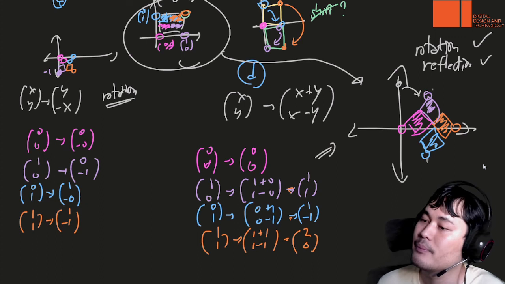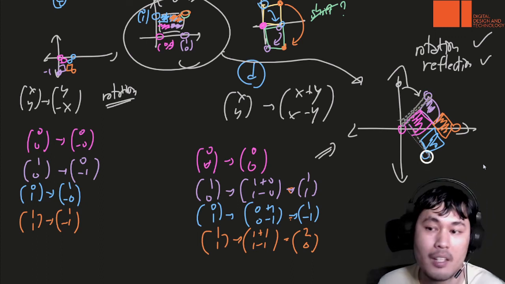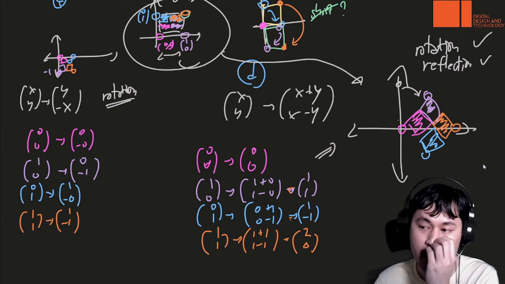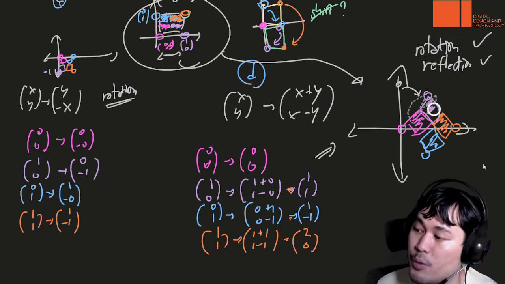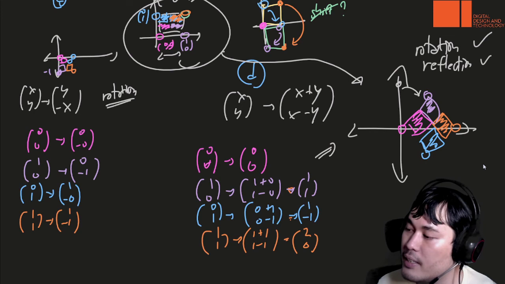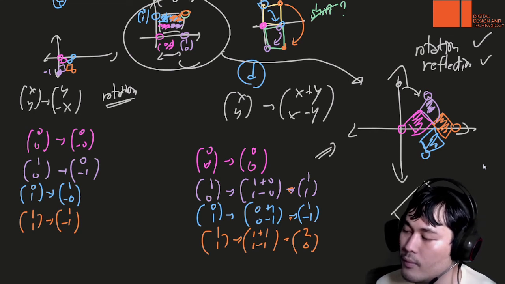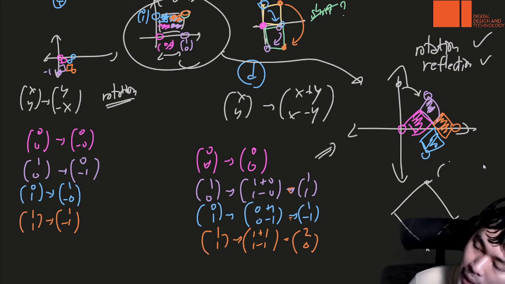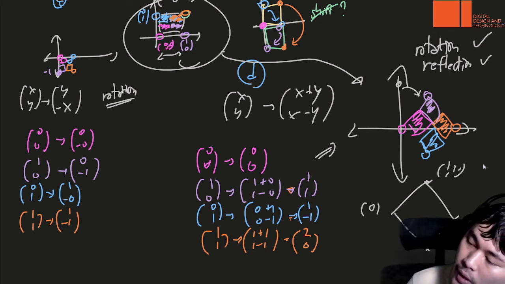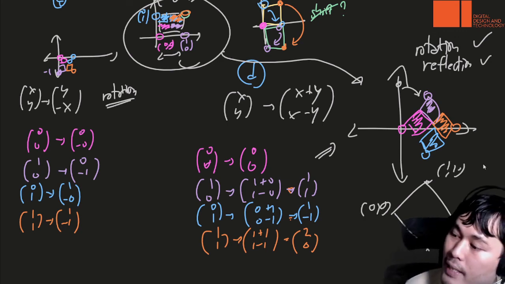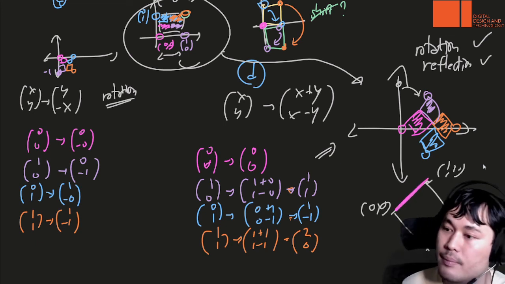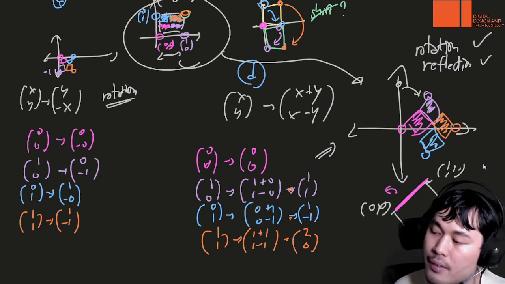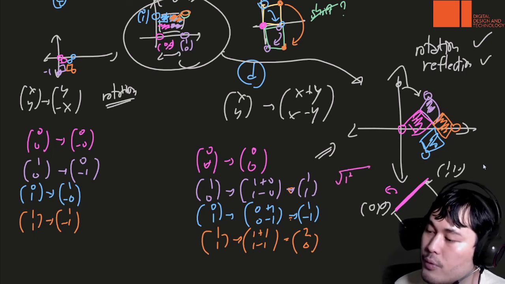And also, if you measure the length of this square, at first we have a square of side length 1. But now we have a square where, maybe it's difficult to see here, this point is 1, 1 and this point is 0, 0. To find the length of this side, we again use the Pythagorean theorem: square root of 1 squared plus 1 squared.